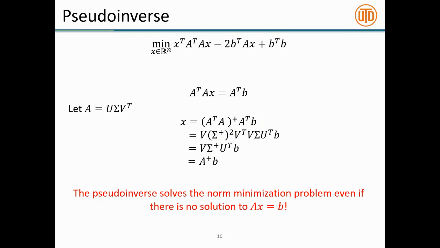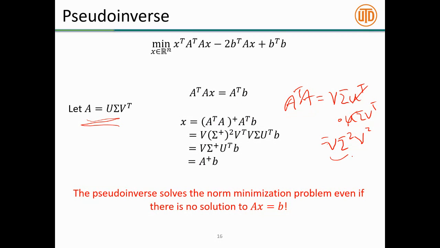So let's assume A has a singular value decomposition of U sigma V transpose. Then A transpose A is equal to V sigma U transpose times U sigma V transpose. U transpose U is the identity matrix, and we're just left with V sigma squared V transpose.